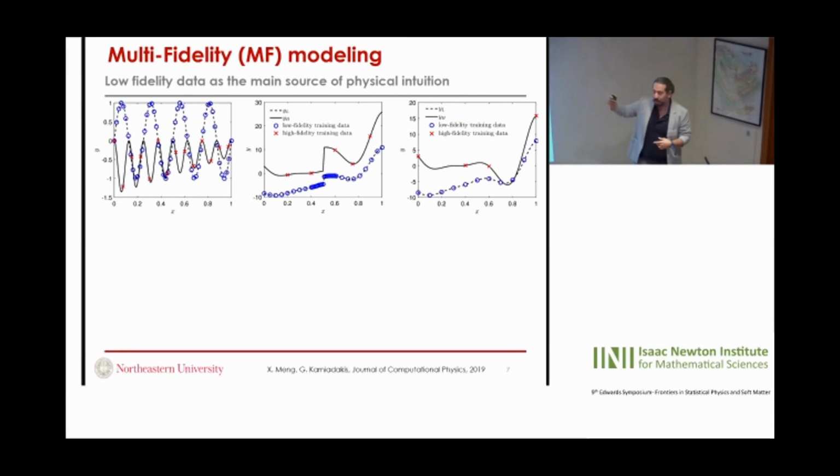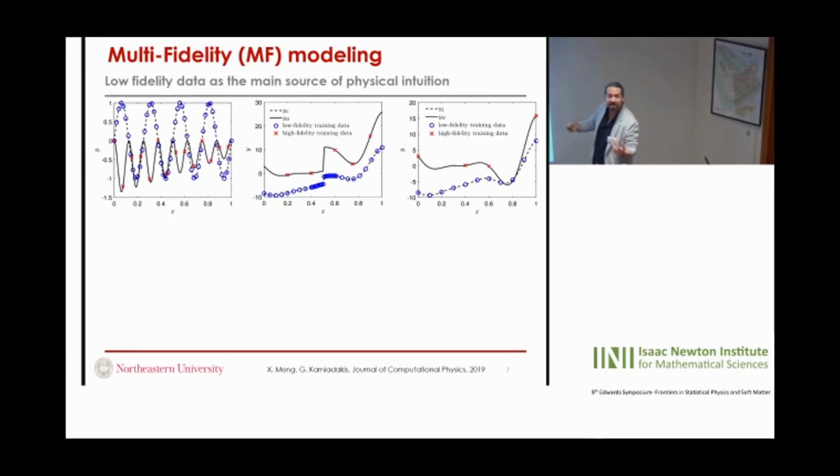This approach of multi-fidelity modeling allows you to basically learn the trends of low fidelity. For example, here, both are periodic. The low fidelity has the wrong frequency and wrong amplitude, right?